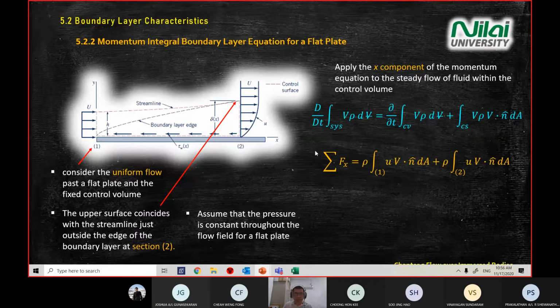The concept is that we use the momentum equation, and because of the steady flow, this component cancels and becomes 0. Then we look at the second term, which consists of section 1 and section 2.